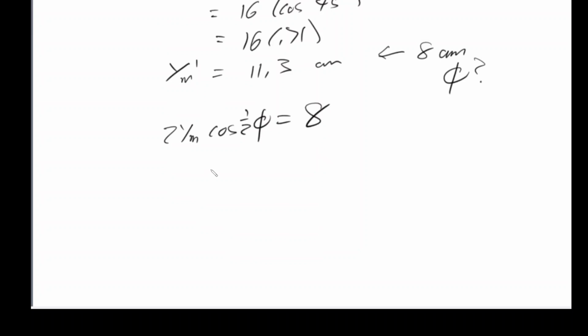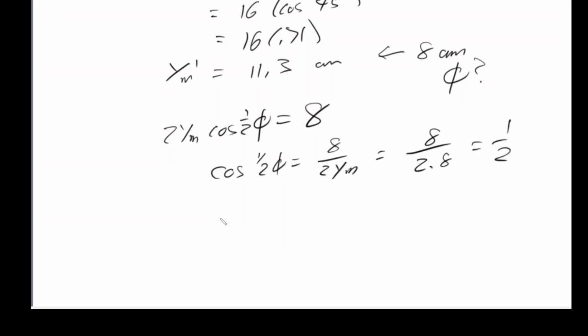So we get that the cosine of 1/2 phi would be equal to 8 over 2 times y sub m, which is equal to 8 over 2, and we're given y sub m is equal to 8. So that becomes 1/2.